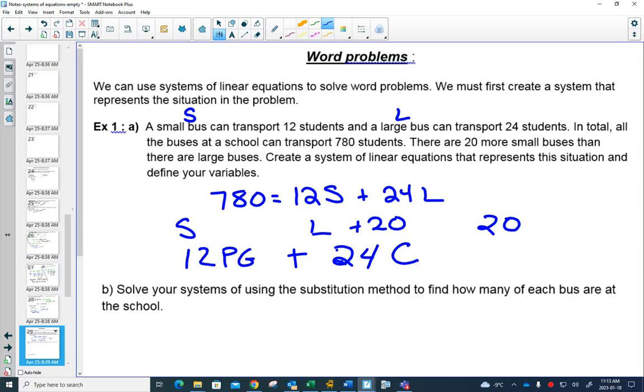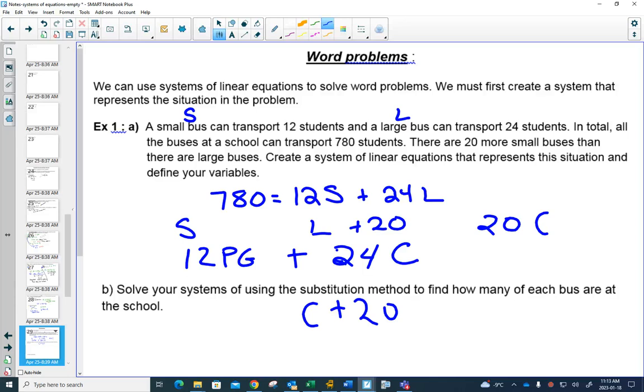So now we got 20 more centers, right? Center plus 20. And what are we trying to find out? How many players there are?